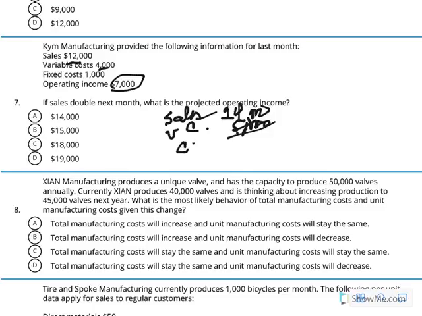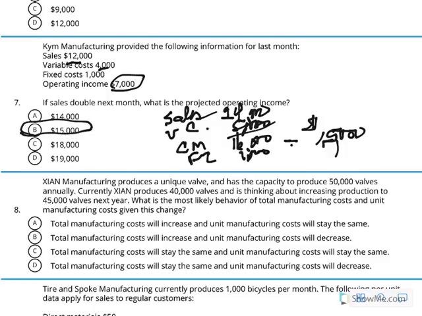Therefore, the contribution margin would equal 16,000. Now, that's contribution towards fixed costs. The rest would be profit. So I cover my fixed costs of 1,000, and I get my net income at, no, not 1,500, 15,000. So my answer here is B.